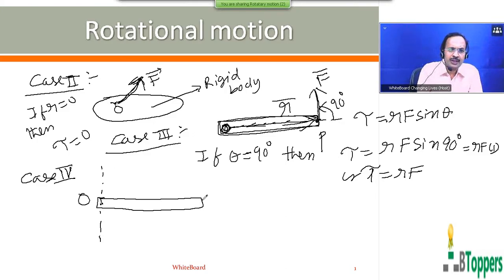So if one of the forces acting on the body is parallel to the axis, then the moment of the force F bar, or magnitude of the torque along the axis, will be 0. That can be understood like this.